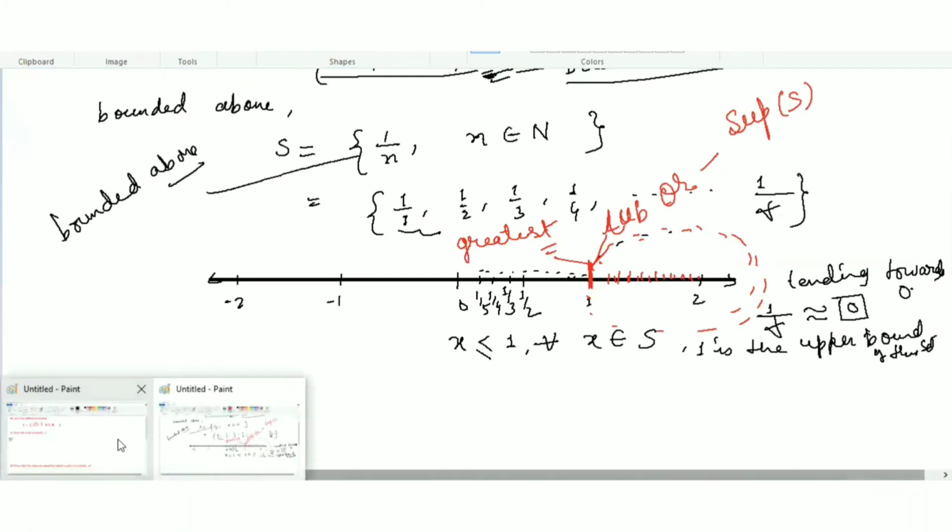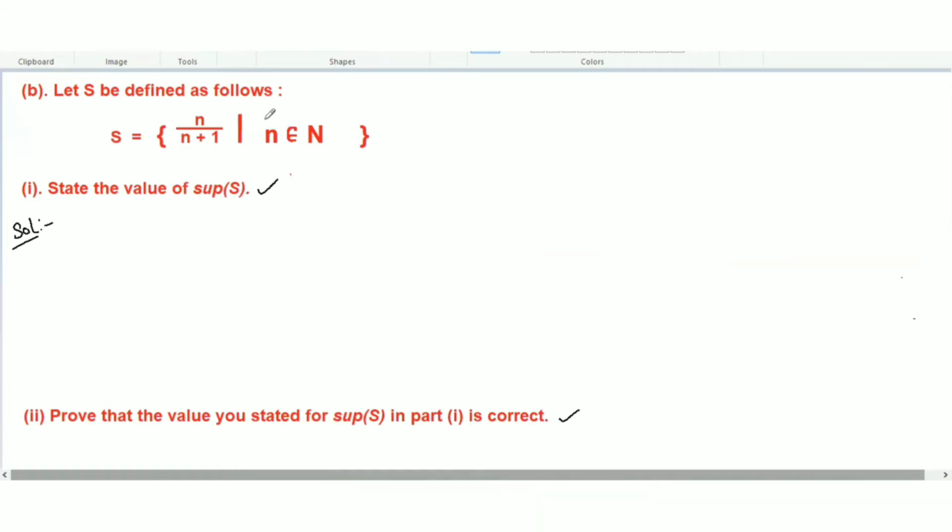Let's take the next question here. Let S be defined as follows: S is the set n over n plus 1 such that n belongs to the natural numbers. The first question is, state the value of the supremum of S. We have to find the value of the supremum of S. So let S equal n over n plus 1, where n belongs to the natural numbers.